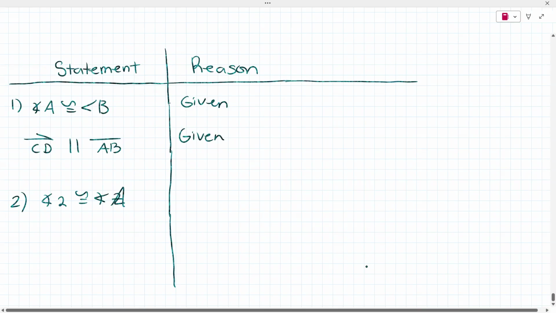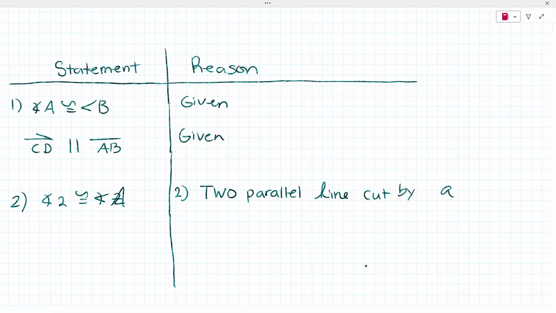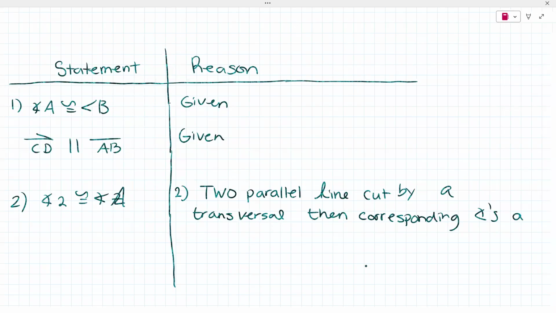The reason is because two parallel lines cut by a transversal line, then corresponding angles are congruent.